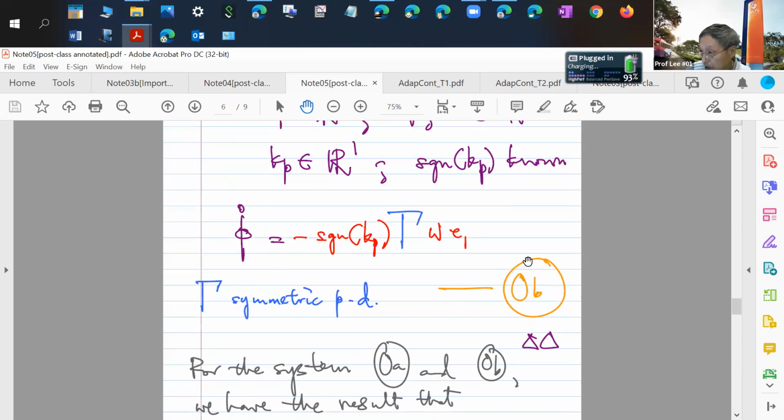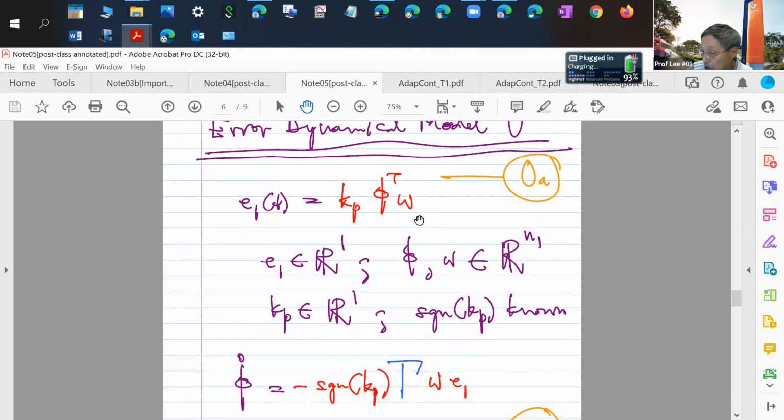So here with this pair of equations, in how you will end up doing the adaptation, your E1, this error down here, will go to 0.